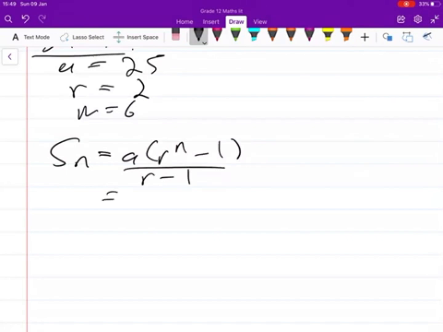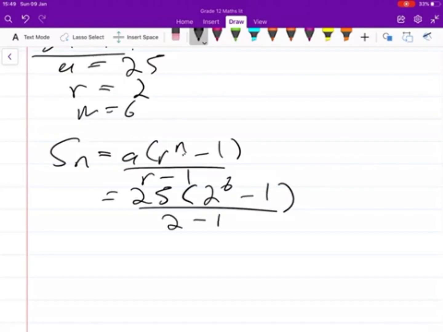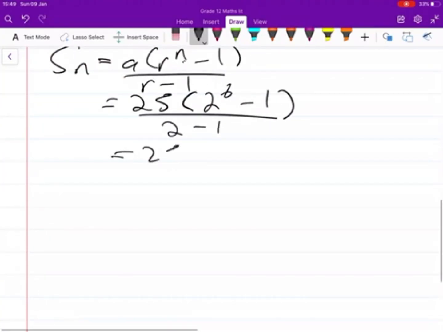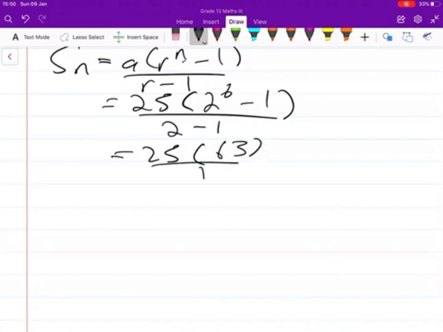Therefore, this is 25, and then this is 2 to the exponent 6 minus 1, and of course that is over 2 minus 1. All right, that is important. So that is 25. Then 2 to the exponent 6 minus 1 is 63, divided by 1. And of course, the answer there is 1,575. All right, so that is the first example.